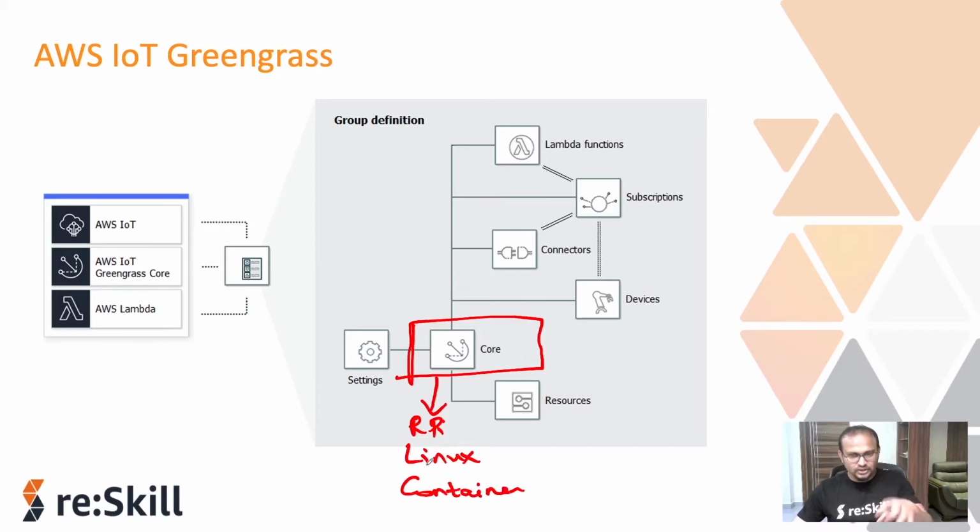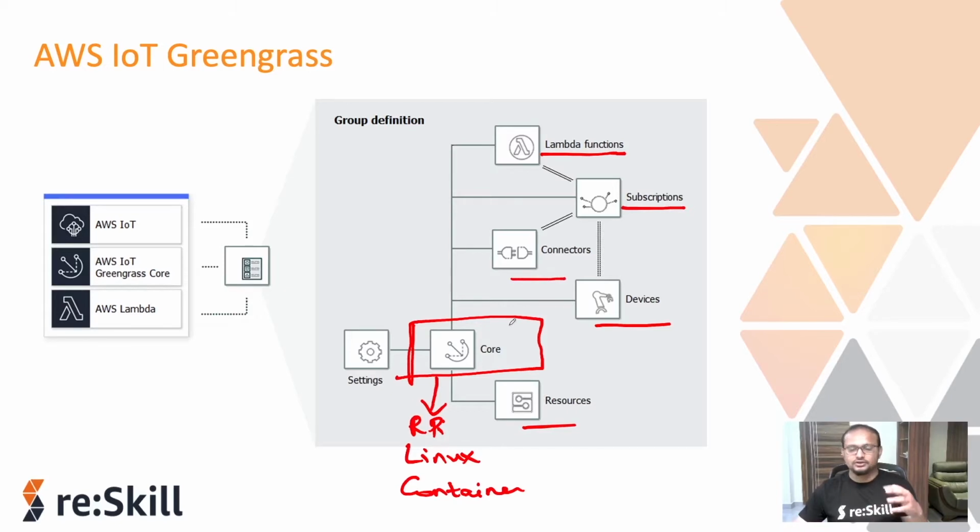Now, the core is what has those AWS functionalities. It can run something like a Lambda function. We can have local subscriptions, so if the devices locally want to talk to each other or need to trigger a Lambda function, they can do that. And then we can have resources, like if we want to do some kind of local machine learning inference, we can do that as well. And then there are connectors.